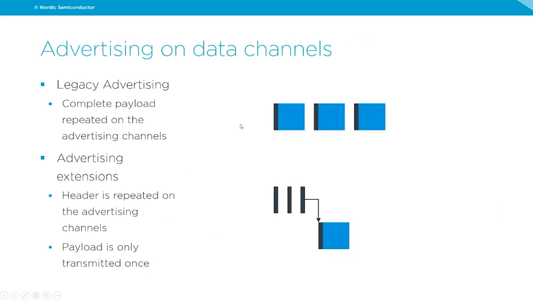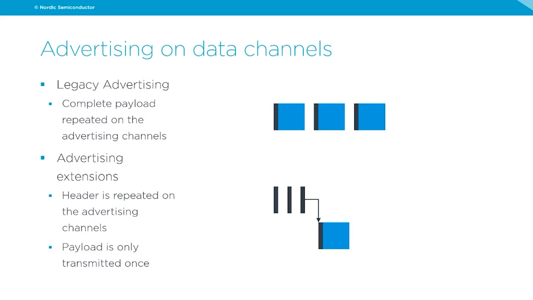The second thing is that for legacy advertising you need to repeat your advertising packet on all 3 channels by default. So the same data has to be transmitted on all 3 channels, but with advertising extension we can choose to only transmit the header on the advertising channels, and then you can choose a channel among the data channels.